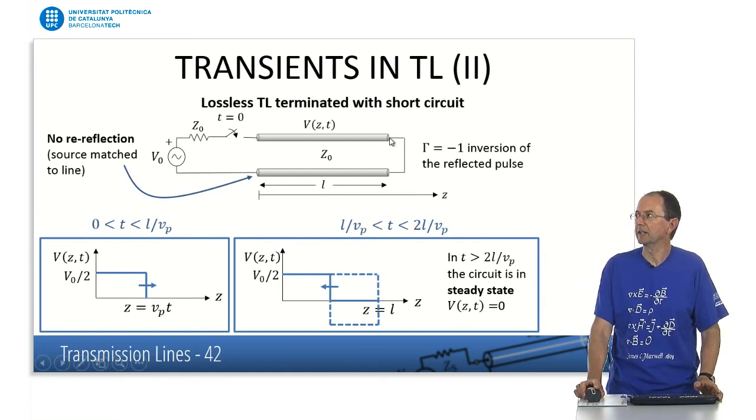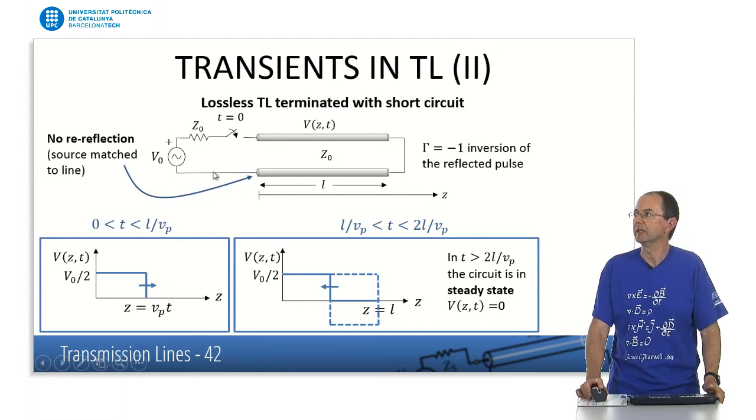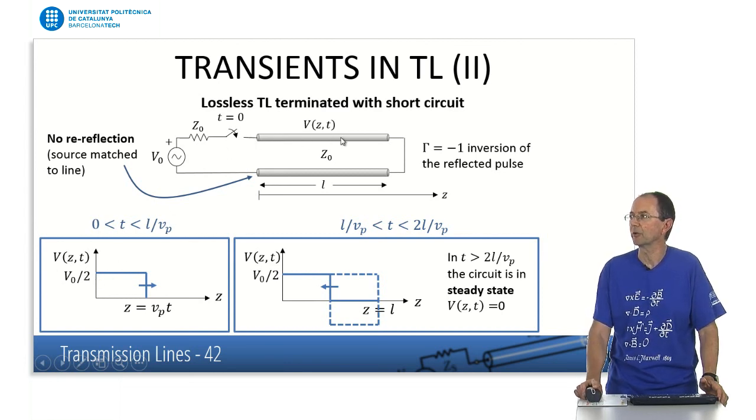Let's make a complete reflection, let's make a short circuit at the end of the line. So assume we have this line, and at a certain point it is short-circuited. What's going to happen in this case? Well, at the beginning it is the same as before. When we switch on the connection of the generator to the line, we have this V0 divided by 2 voltage, which is progressing along the line.